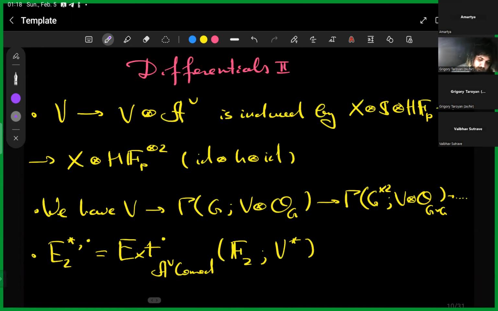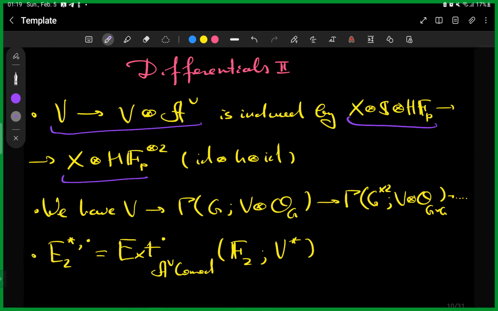And to return to these structure maps, this map is induced by a map like this on spectra, which also comes from the Fourier map.